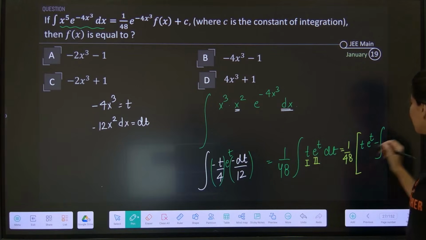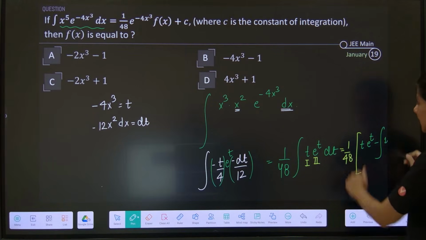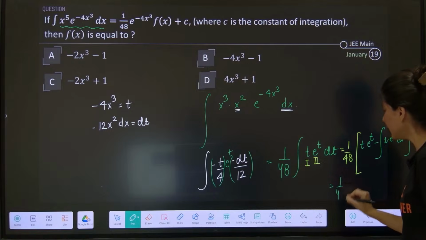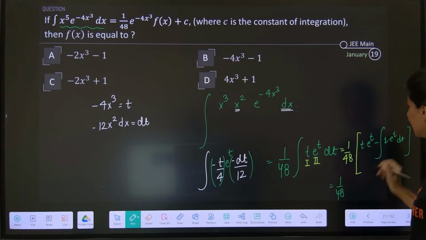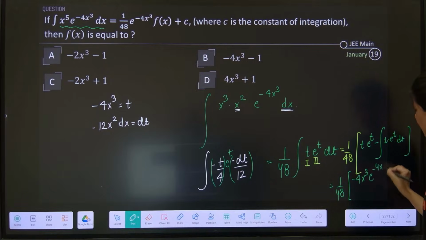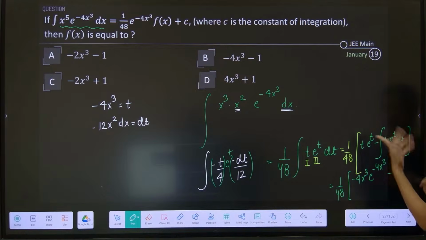So derivative of t is 1 and integration of second e power t dt. So 1 upon 48. Now start putting the value of t. What is t? T is minus 4x cube e power minus 4x cube, minus integration of e power t is e power t only, minus 4x cube, plus c.